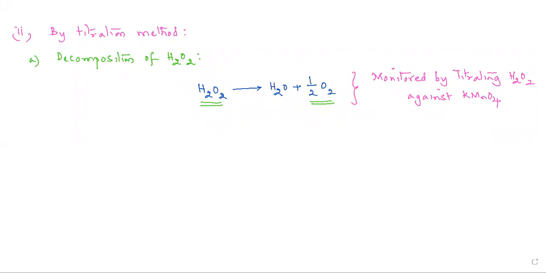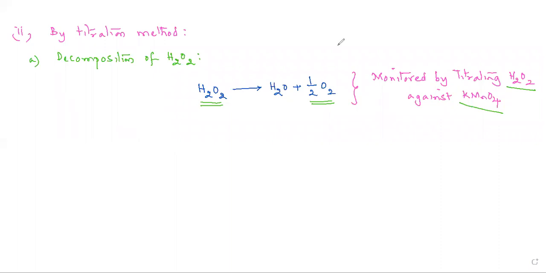Now remember, whatever hydrogen peroxide that you have will, of course, be reacting with KMnO4 during the titration. Okay, the titer value is going to give us the amount of hydrogen peroxide that we have started with.